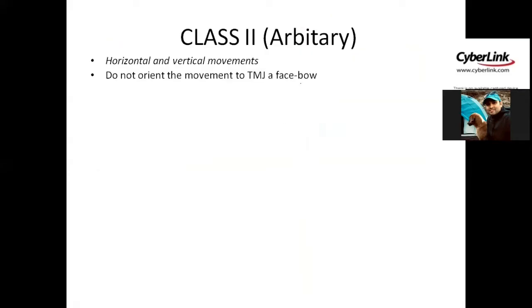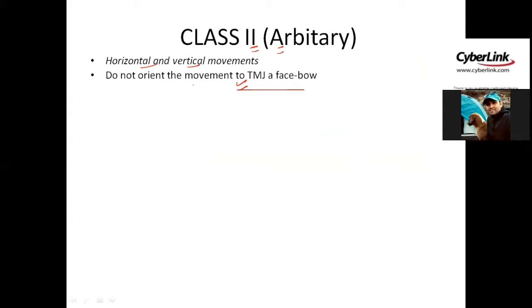Then your class 2, which is arbitrary articulator. Why is it arbitrary? Because it permits horizontal and vertical movement and does not orient the movements to the TMJ or Facebow. That means it doesn't allow Facebow to record, right?